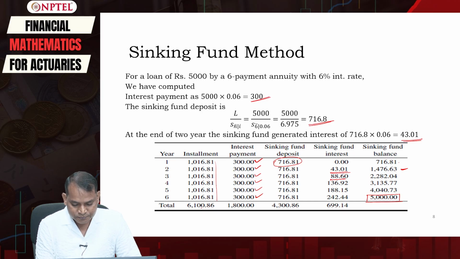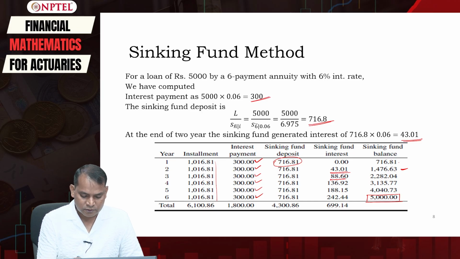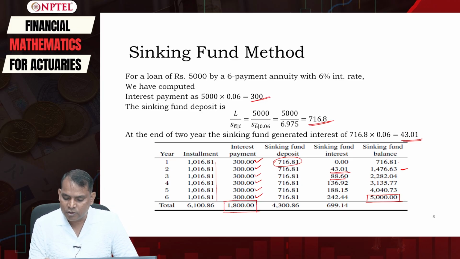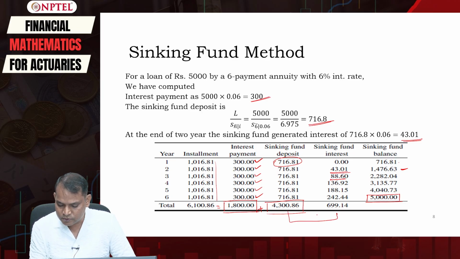Out of this, the interest amount you have paid is 1,800, and you have deposited into a sinking fund so that you can earn 6% interest, totaling 4,300.86. These two give us this value, and this value and this value should also give you this value, right?